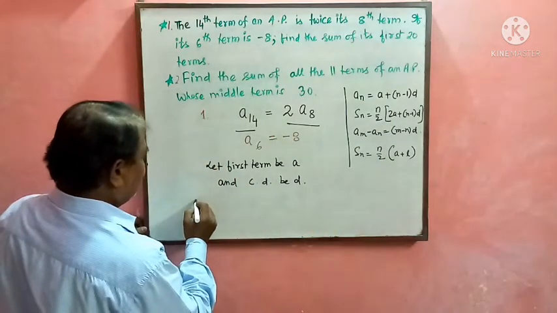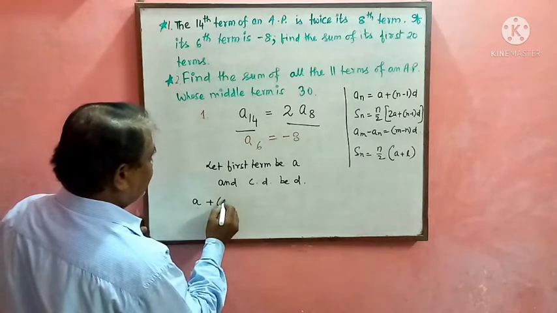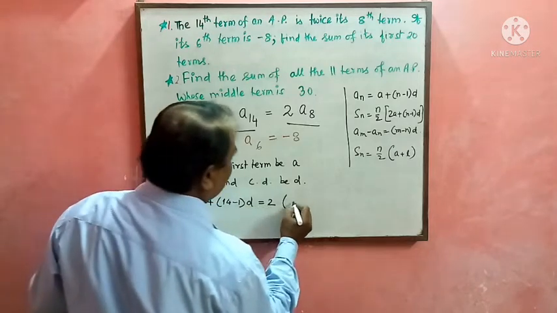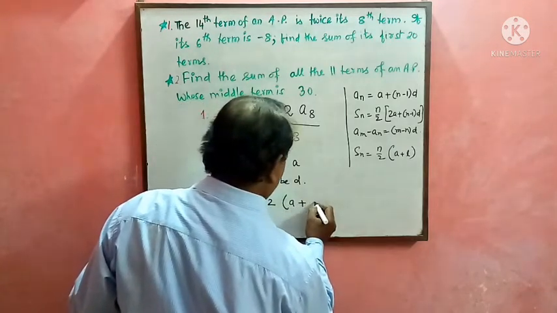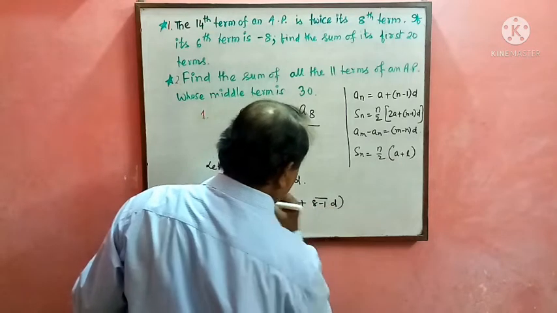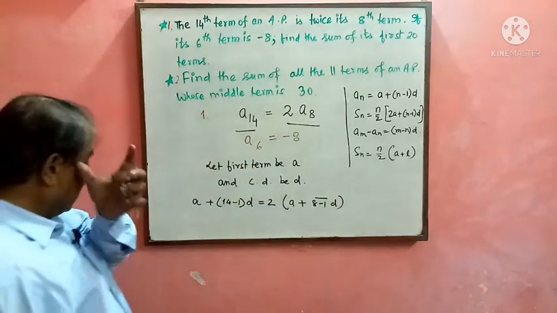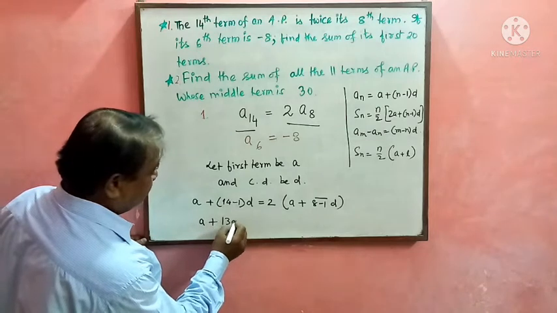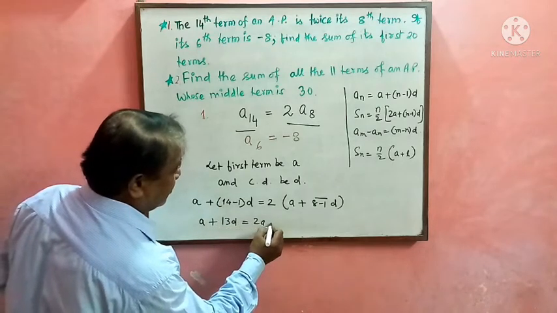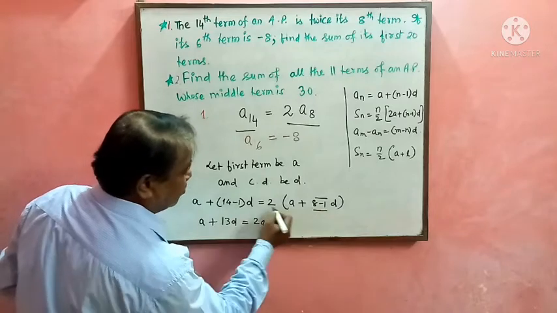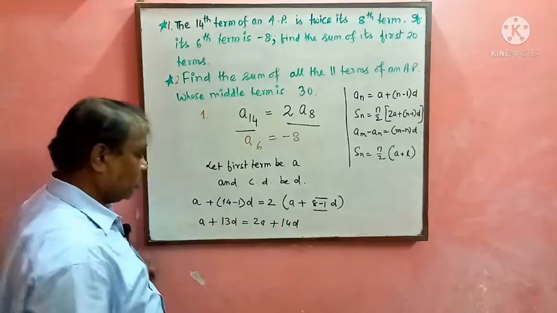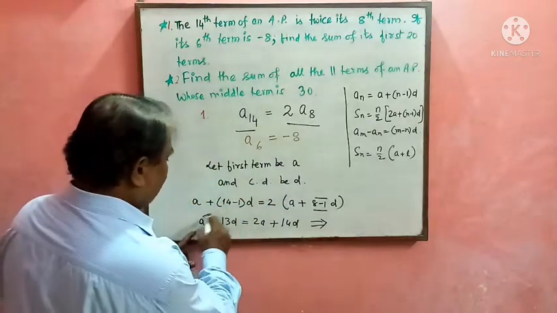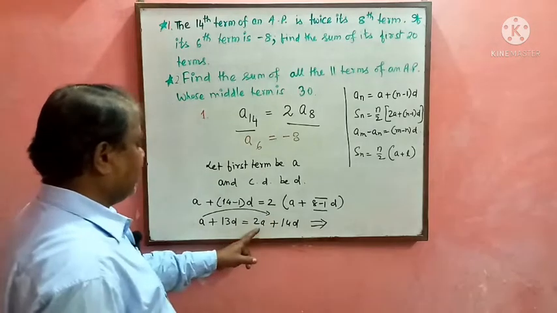So, it is A plus 14 minus 1 into D is equal to 2 into A plus 8 minus 1 into D. Now you see, this is A plus 13D is equal to 2A plus 7 into 2, 14D.